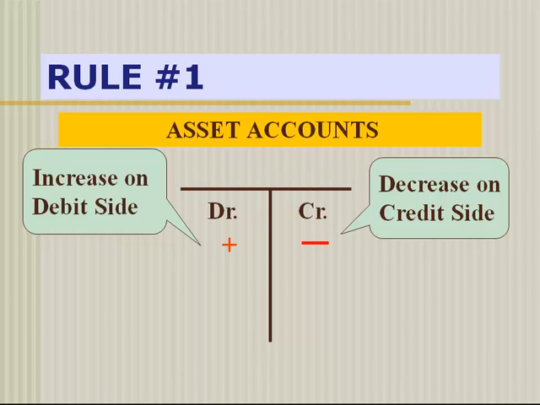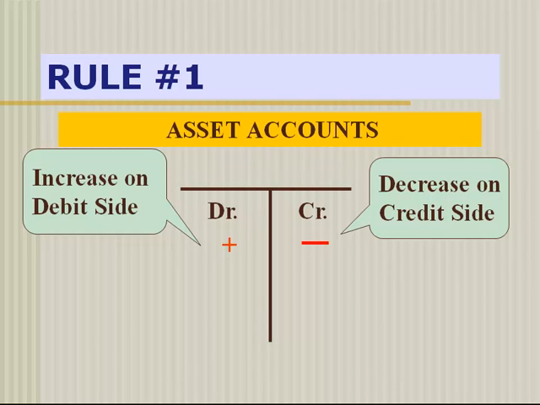The truth is, assets, such as cash, are increased on the debit side. So they're a little bit backwards when it comes to the bank. So rule number 1, all assets, no matter what they are, whether it's cash, accounts receivable, equipment, whatever, are increased on the debit side.